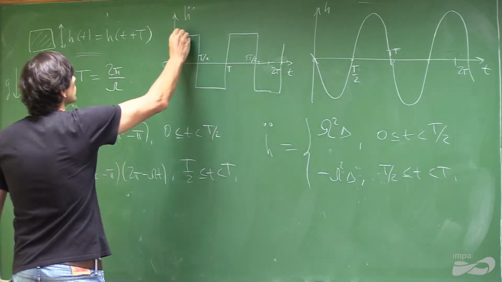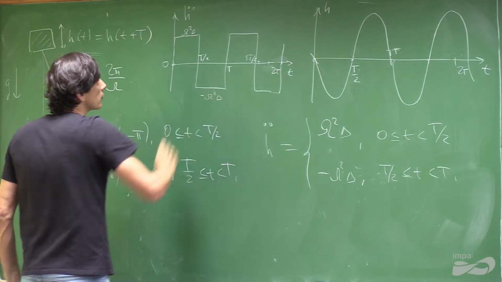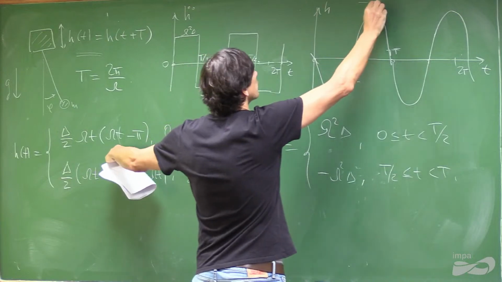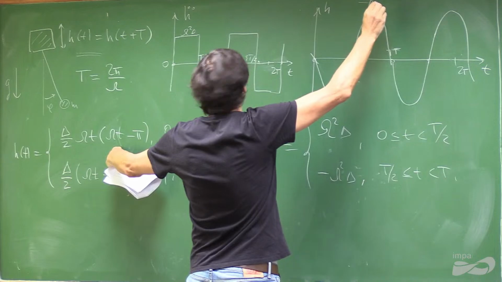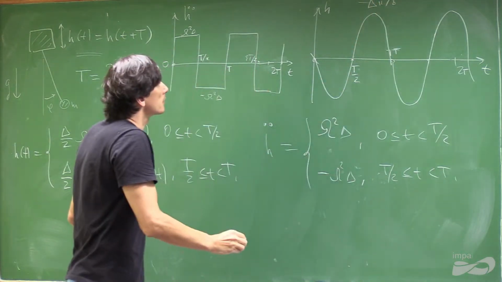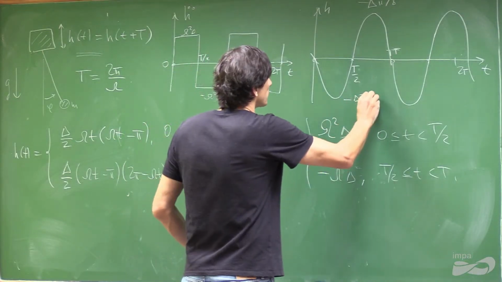So this value will be omega squared delta minus omega squared delta. And this value will become delta pi squared over 8, and this value will be minus delta pi squared over 8.